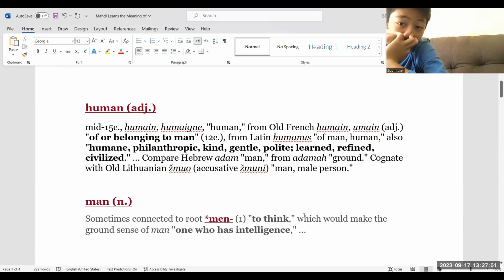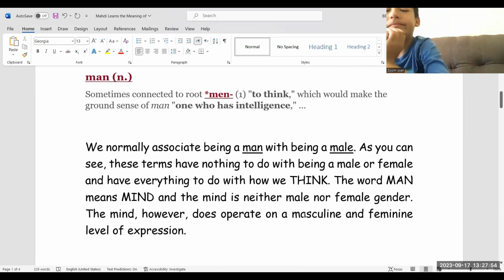Okay? So let's look at the explanation. I'm going to read this part. We normally associate being a man with being a male. As you can see, these terms have nothing to do with being a male or female and have everything to do with how we think. So think is the operative word, the main word that we want to keep in mind whenever we're talking about the word man.